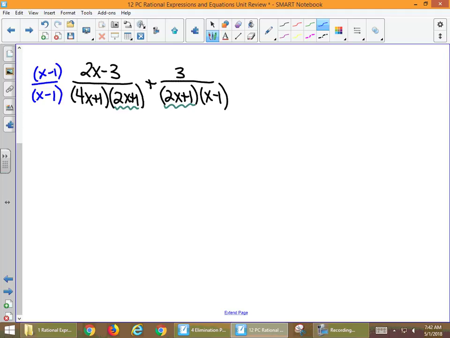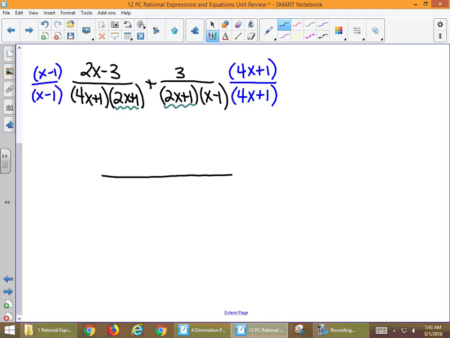My second fraction has the 2x plus 1 and needs the 4x plus 1. Sometimes I feel like it's a little bit like playing same and different. Okay, now both of my fractions have all three components of the denominator they need. They have x minus 1, they have 4x plus 1, and they have 2x plus 1. So that's my big new denominator.